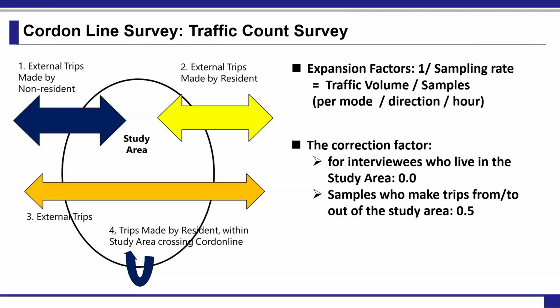This is just a very simple exercise about the expansion factor of the study area. For example, this circle is a study area. The first external trip is made by non-residents. In that case, 100 cars are observed and 10 samples are collected, so the expansion factor must be 10.